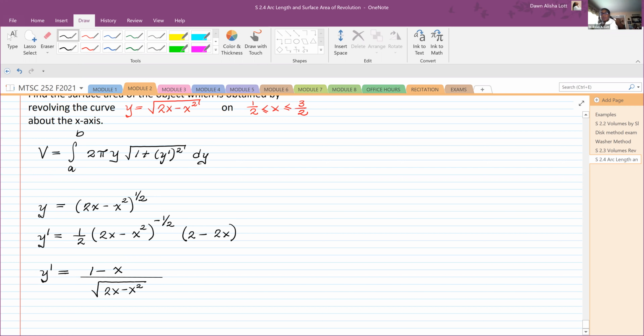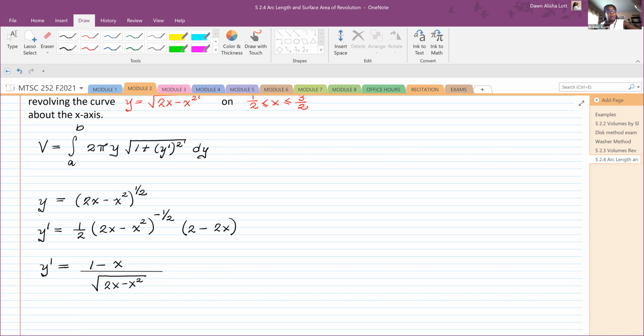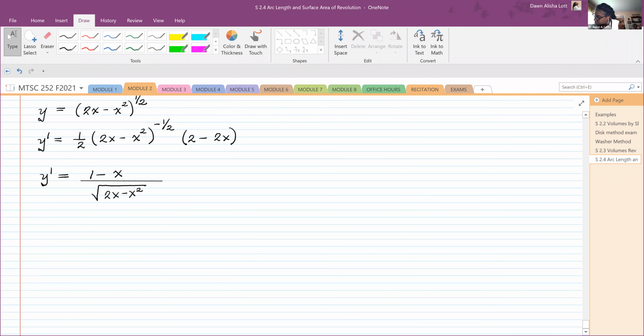Okay, so far so good. Now we've got to square that. So y prime squared becomes 1 minus x squared divided by 2x minus x squared.